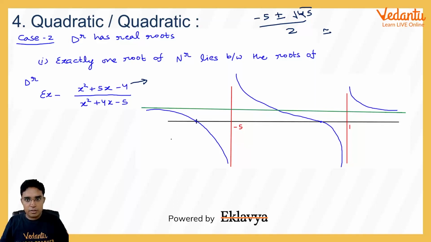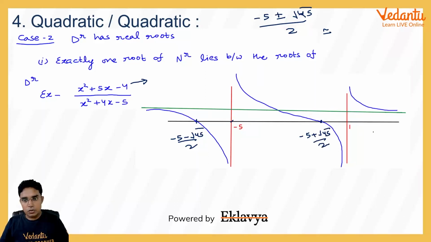So this root, minus 5 minus root 45 upon 2, is left of minus 5. The other is minus 5 plus 7, so 2 upon 2, around 1, but it will be slightly lesser than 1 actually. That is minus 5 plus root 45 upon 2.